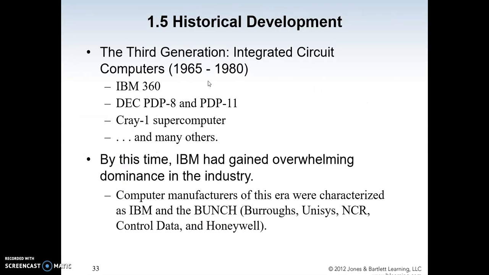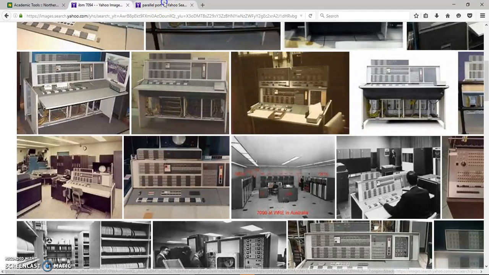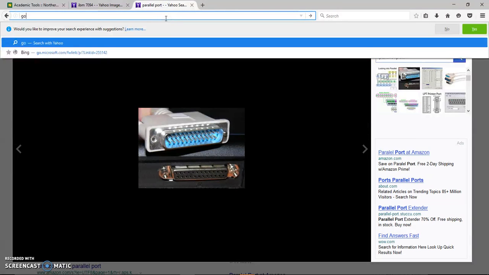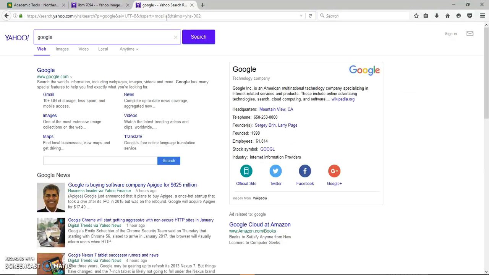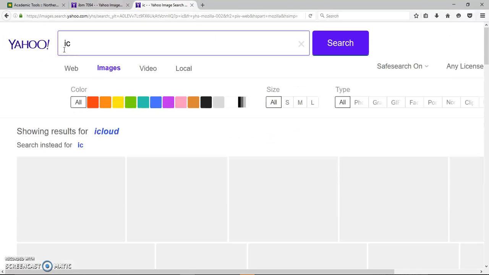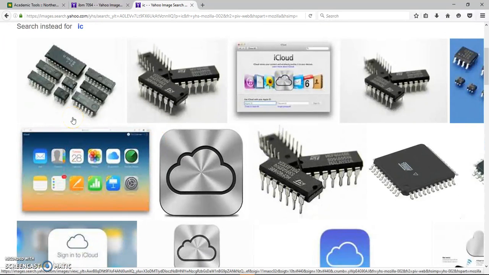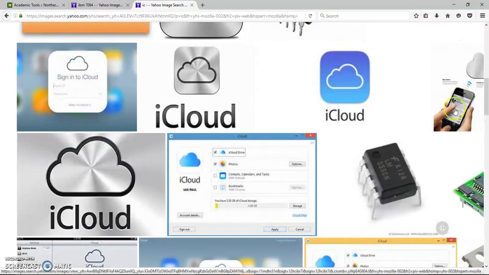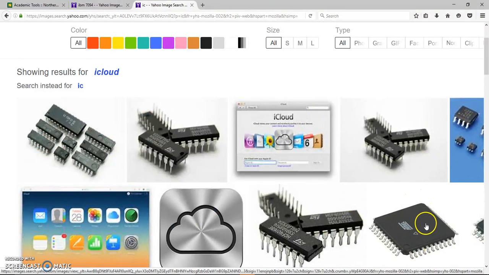Now we come to the third generation, when the IC, integrated circuit, was invented. So we see the transistor, right? Now let's look at the image of the IC. One IC is small, and you see a lot of electronic devices still using that. Even in your smartphone, when you open it, you see ICs like that, integrated circuits.